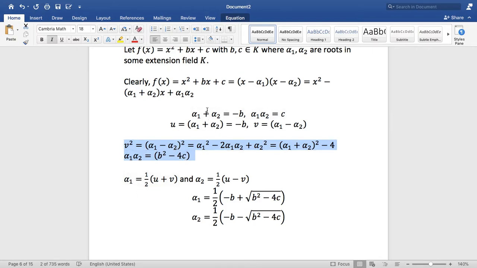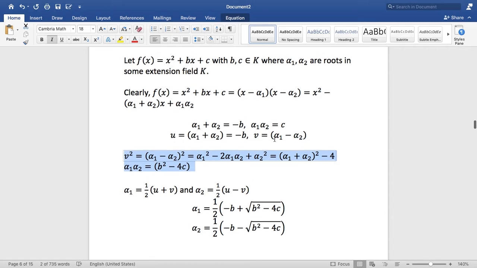Now if we work with u and v, if we add u to v, after all the dust settles, you're going to get that alpha 1 is equal to one half (u plus v), and alpha 2 is one half (u minus v). So just tinker around with these two.